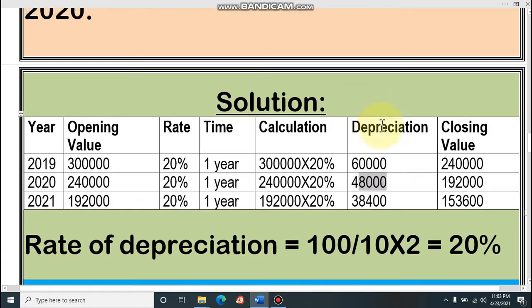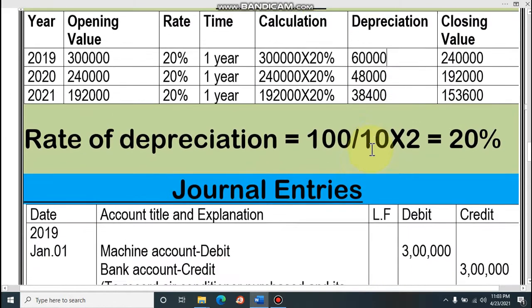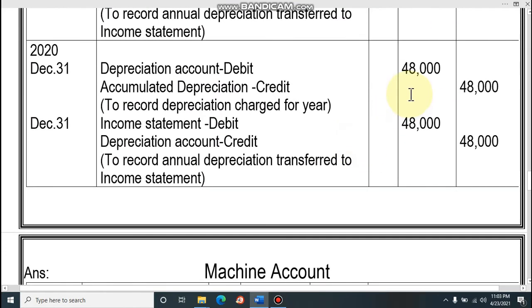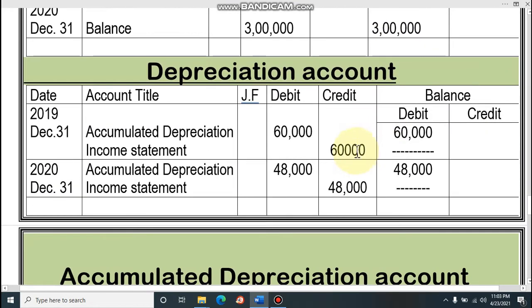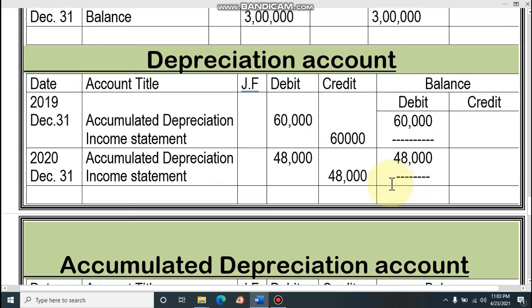Look at the calculation. For 2019 it is 60,000 and for 2020 it is 48,000. Once the balance will be debit and on the other side the balance will be credit. That means the closing balance is 0.